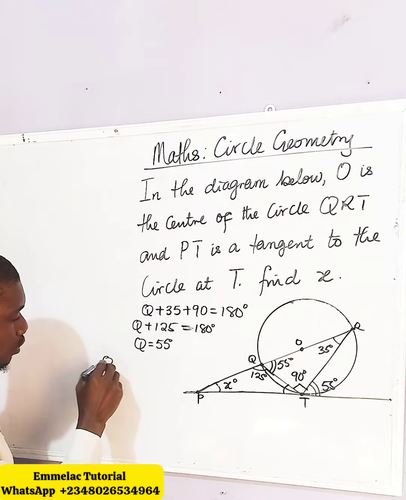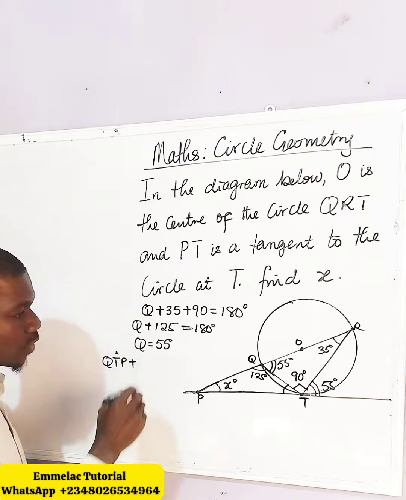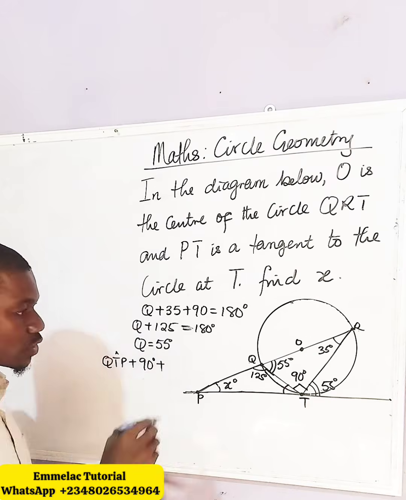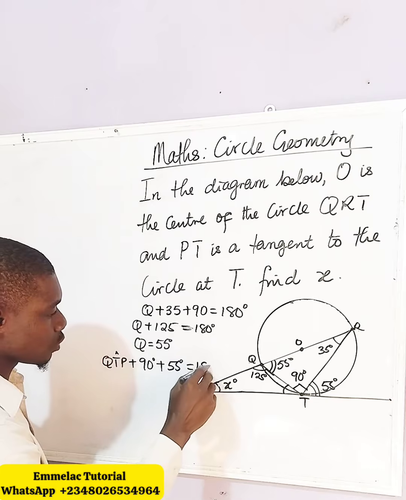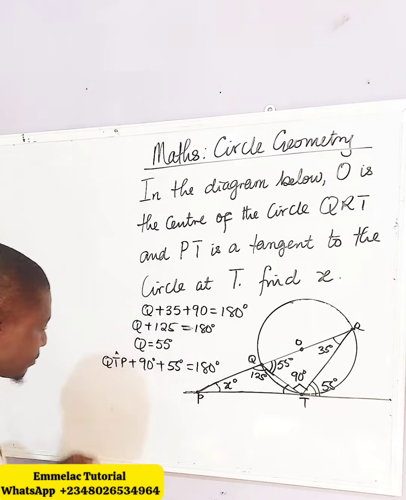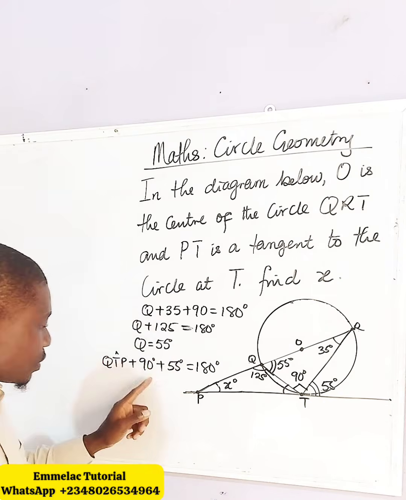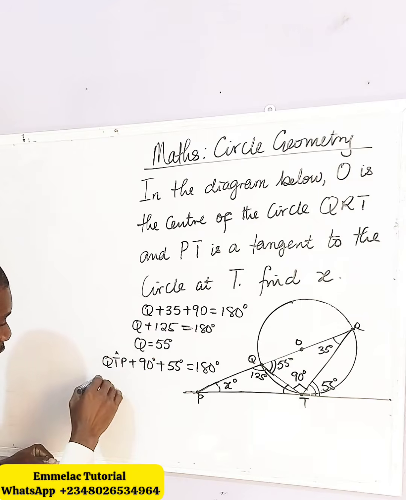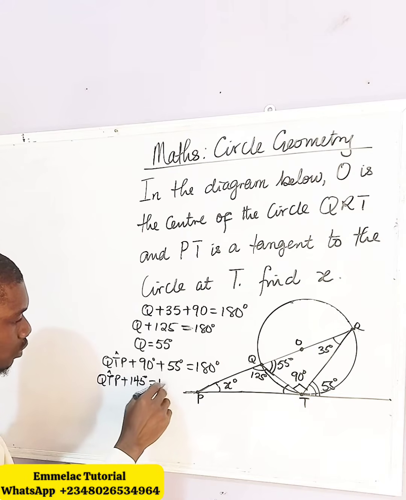So let's label this as Q, T, and P. So angle QTP plus 90 degrees plus 55 degrees should give us 180. Summing up 90 and 55 gives us 145. So QTP plus 145 equals 180.